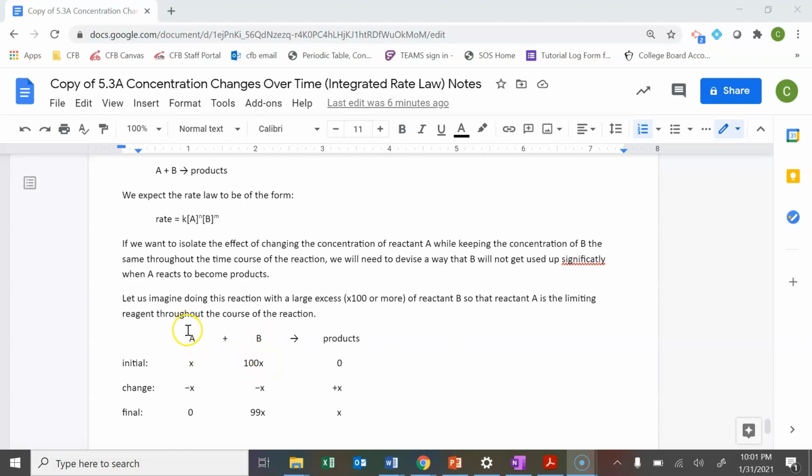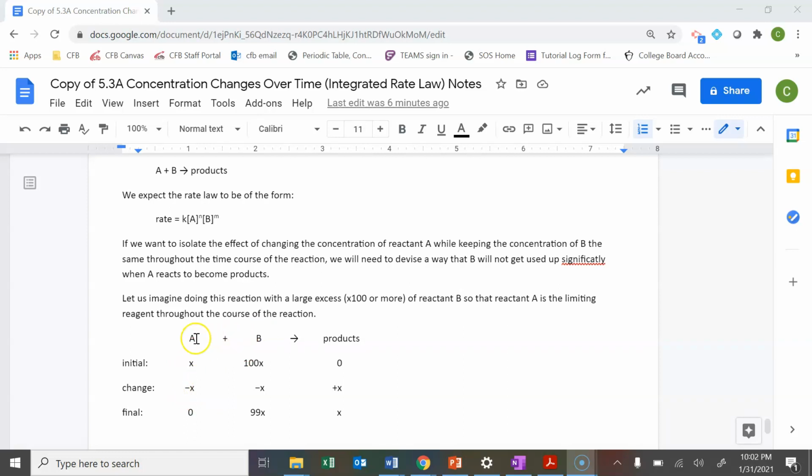Well, as the reaction occurs, if this is a 1-to-1 ratio, that X is going to be used up. It's the limiting reactant, so it'll be used up, and the final amount of A will be 0. So it went from X to being 0. We got rid of all of that.